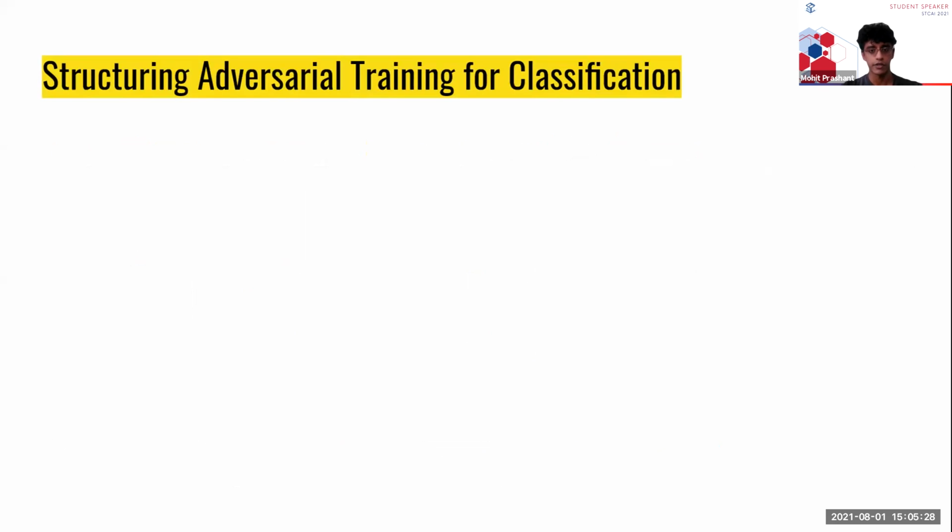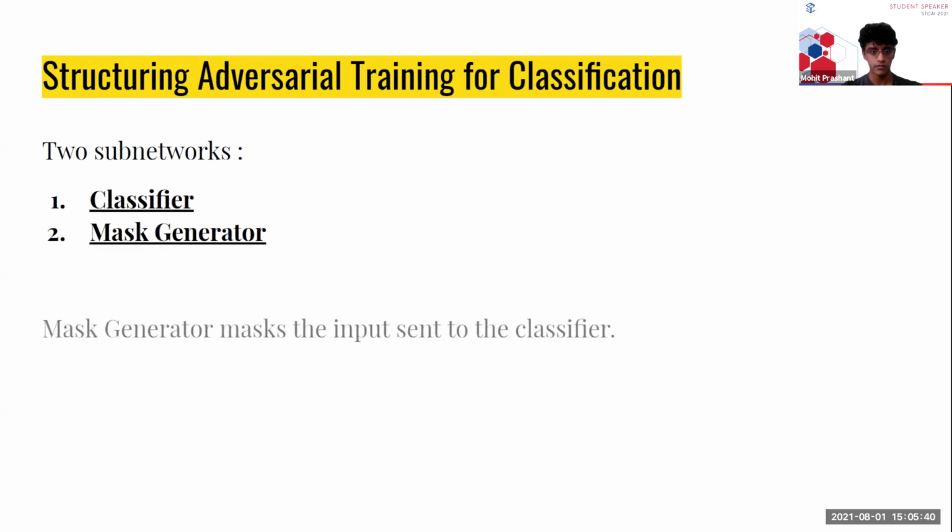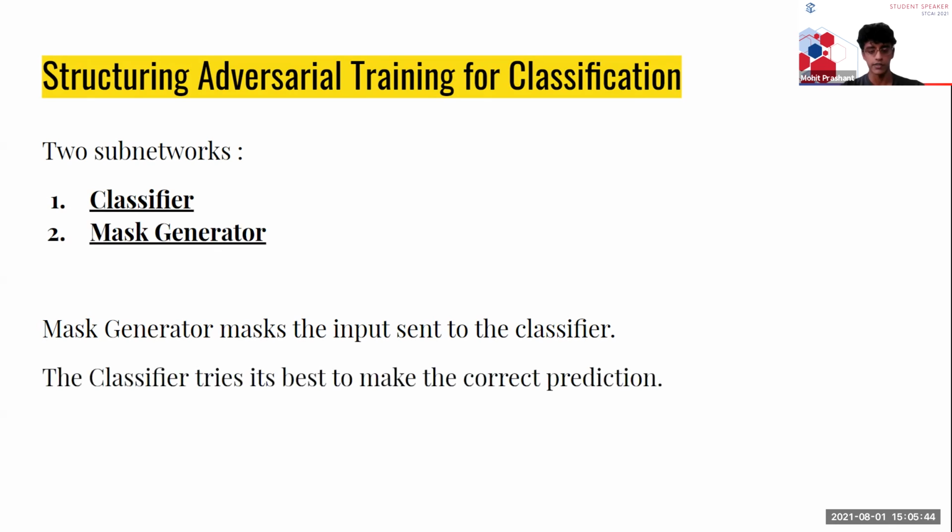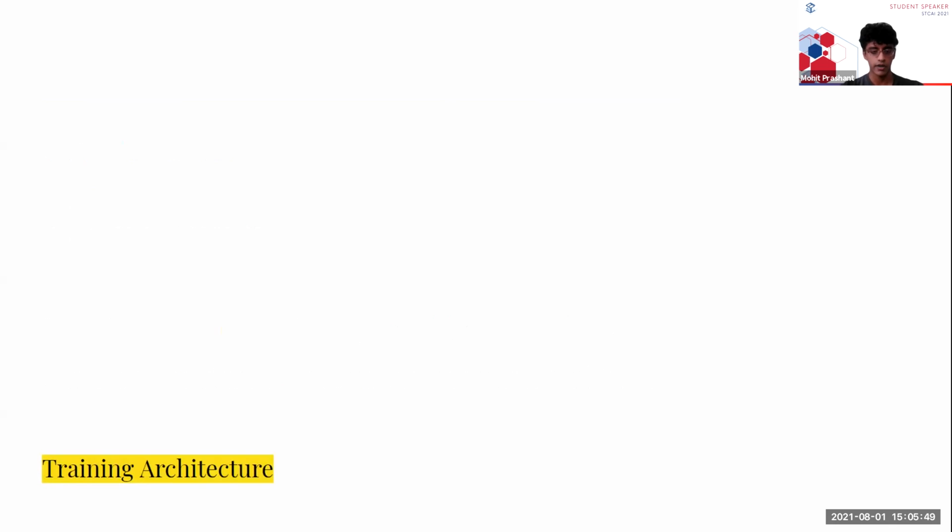So now when structuring adversarial training for classification, there's a few things you need to keep in mind. The architecture for adversarial training consists of two subnetworks, a classifier and a mask generator. The mask generator masks the input sent to the classifier, and the classifier tries its best to make the correct prediction. So our training architecture visually would look something like this.